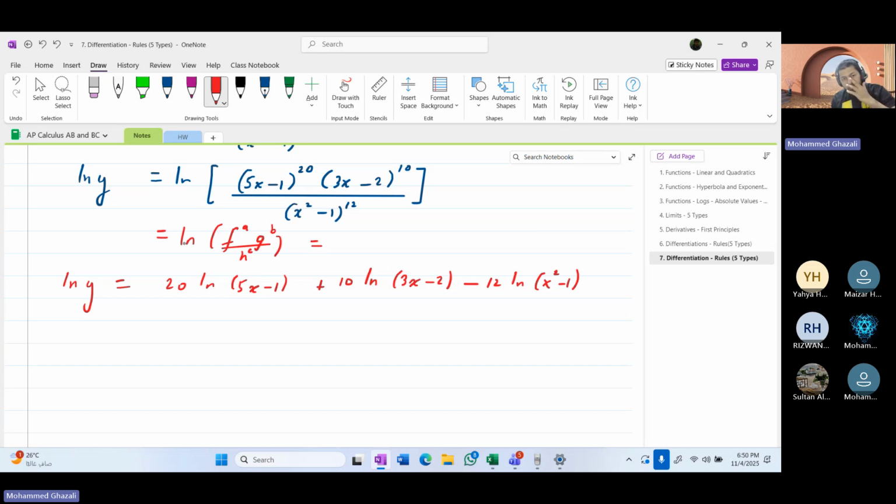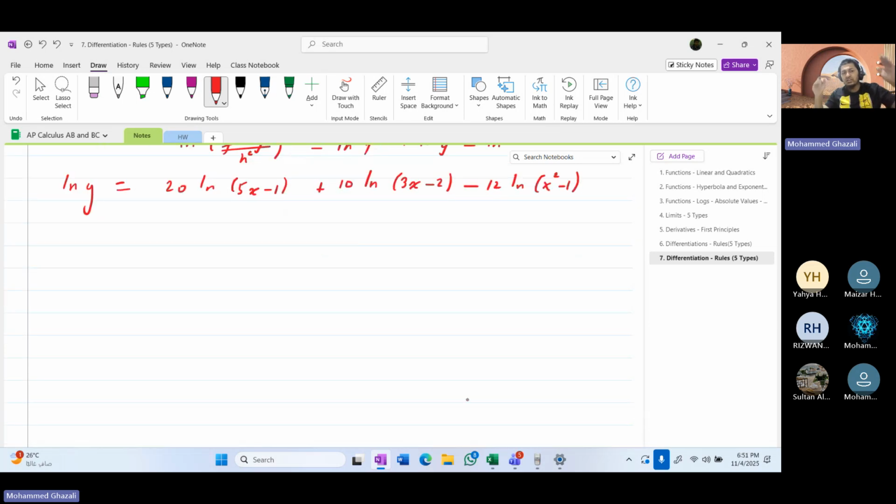If I expand this ln function, I say ln f to the power a plus ln g to the power b, and then you minus, because that's in the denominator, ln h to the power c. So what happens now? The a comes to the front, the b comes to the front, and the c comes to the front.